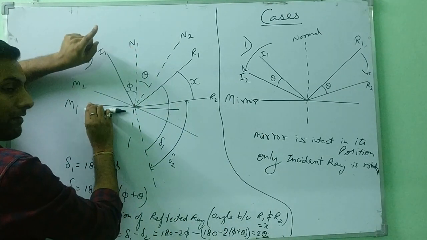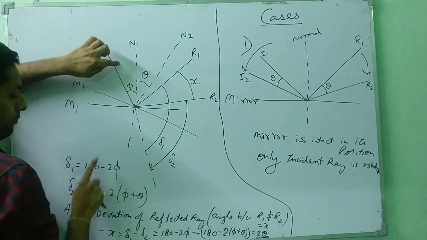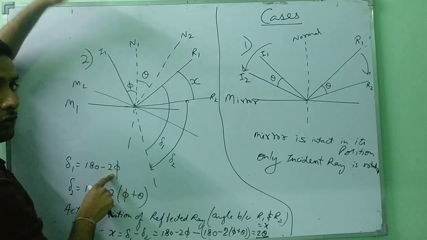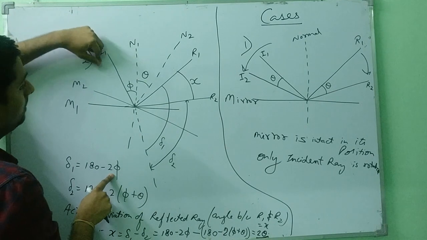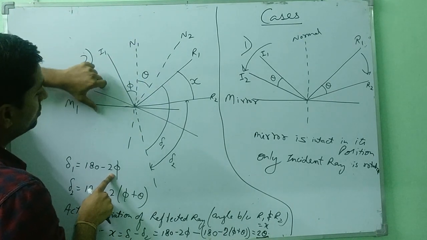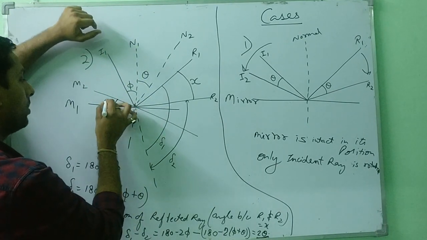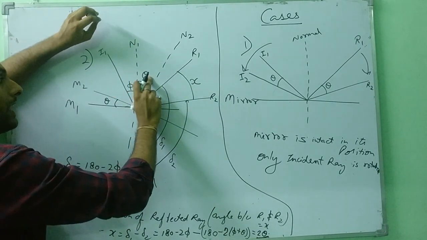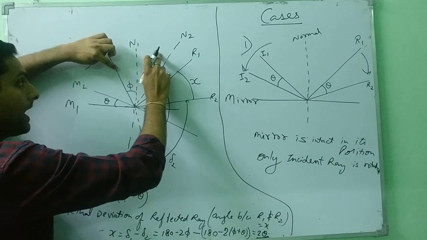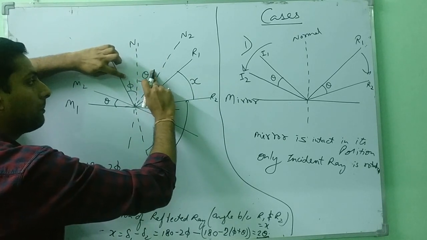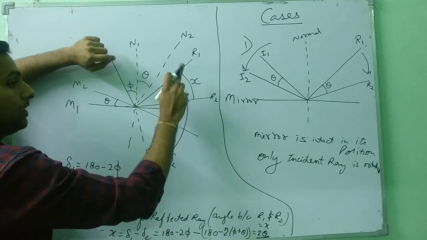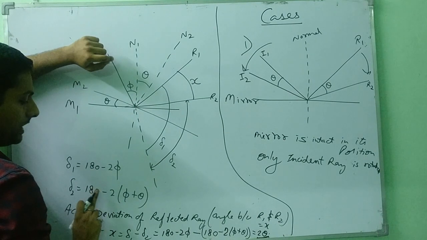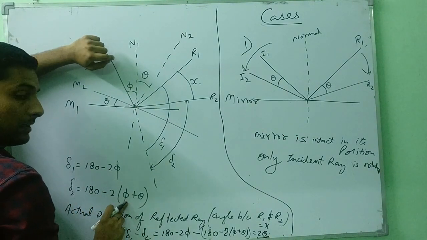So the deviation was 180 minus 2 phi, that we have already learned earlier. And when the mirror is shifted by an angle theta, the normal also shifts from the earlier normal by an angle theta. So the new angle of incidence will become theta plus phi. So now the new angle of deviation will be 180 minus twice of theta plus phi.